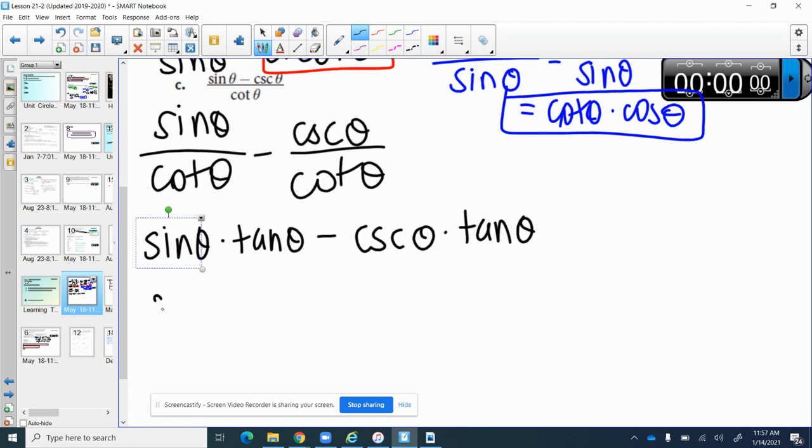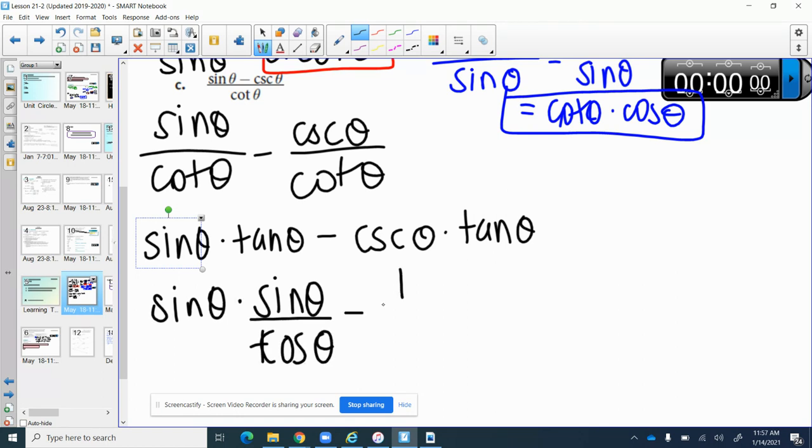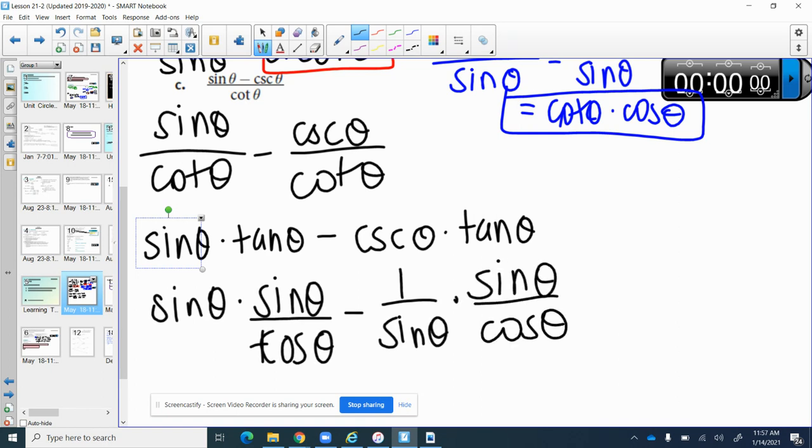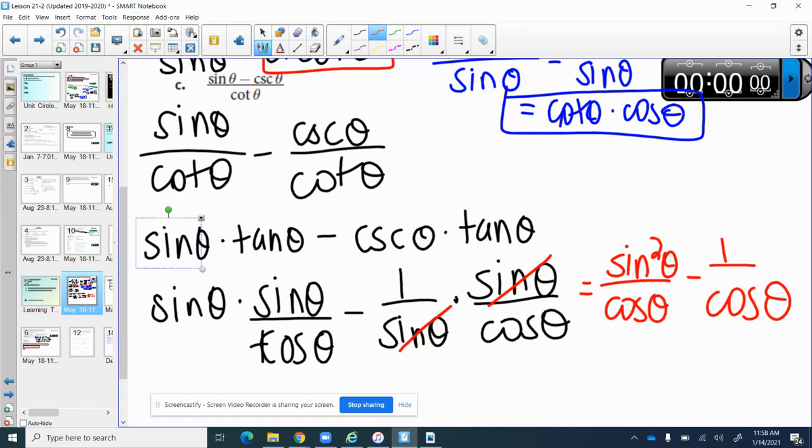And now if we rewrite everything in terms of sine and cosine, the tangent gets rewritten as sine over cosine, cosecant is 1 over sine, and cotangent is cosine over sine. What we will see is that some things are going to cancel, like the sines. And again, we now have sine squared over cosine on the left, minus 1 over cosine on the right.